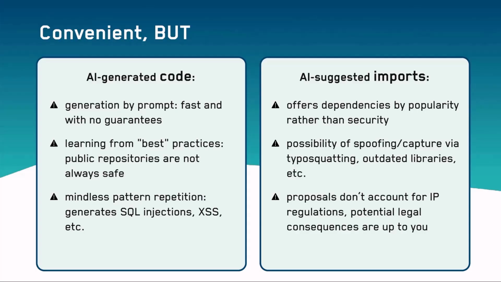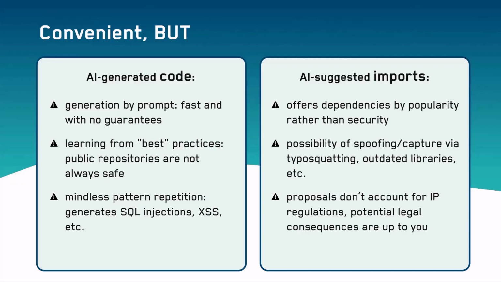And last but not least, sometimes language models still do not really understand what it is exactly that we need, and then they resort to just mindless pushing of prompts and they just replicate stuff without thinking, generating a whole lot of vulnerabilities.